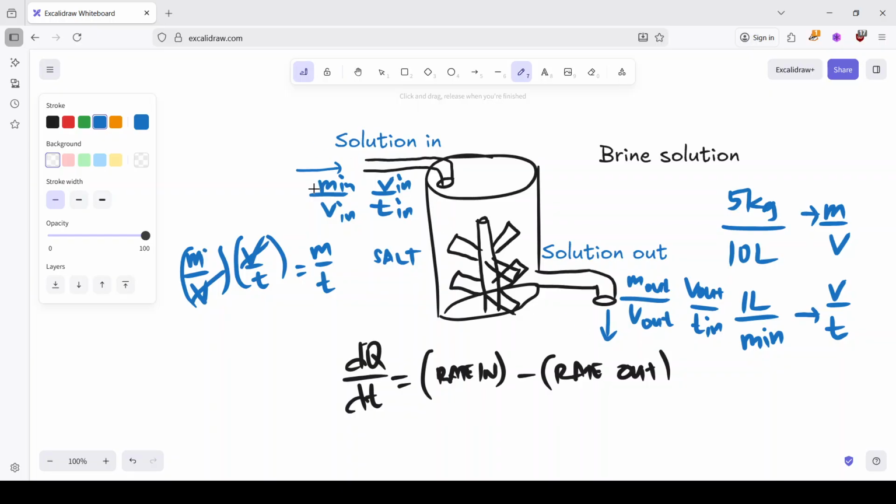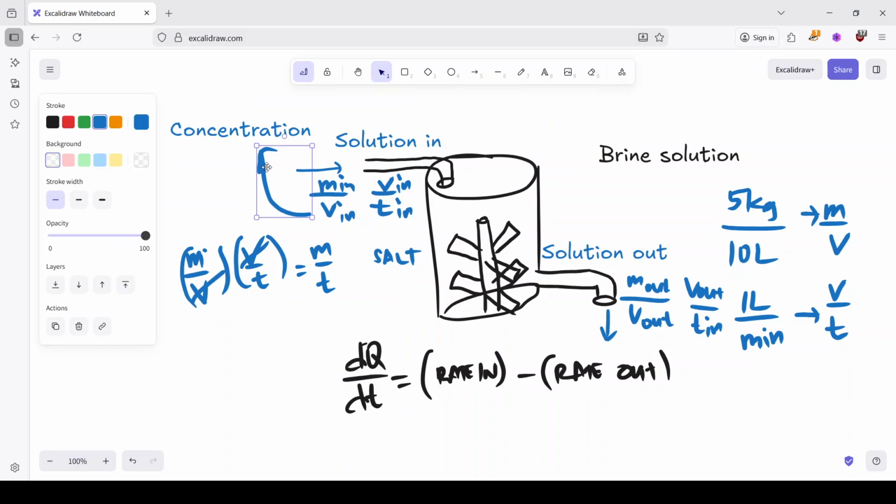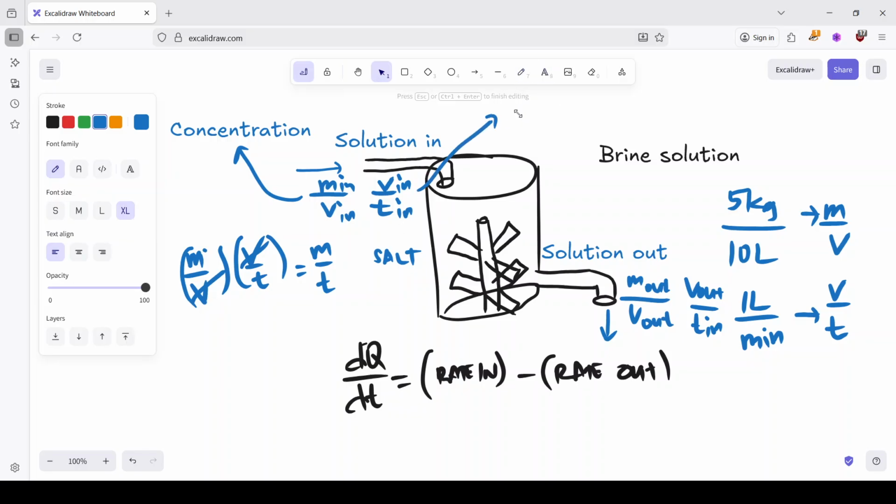Since this is mass over volume, we will refer to this as the concentration, and this side we will refer to as the flow rate.